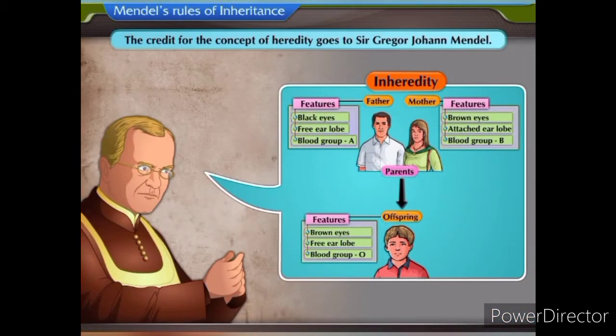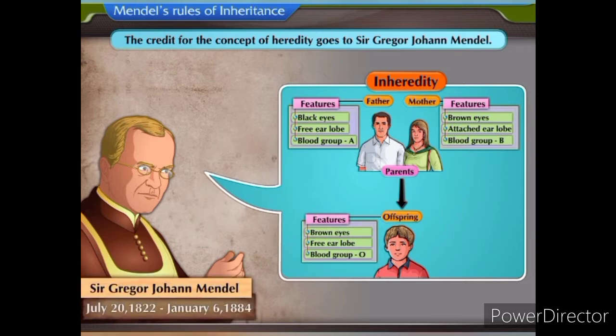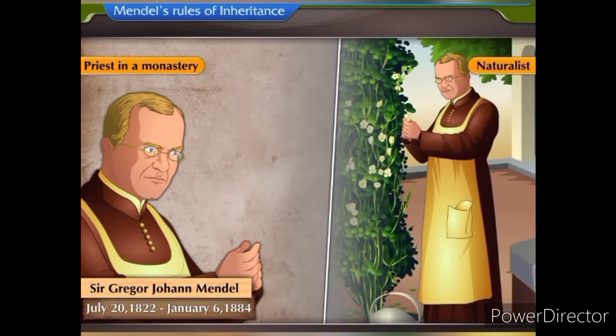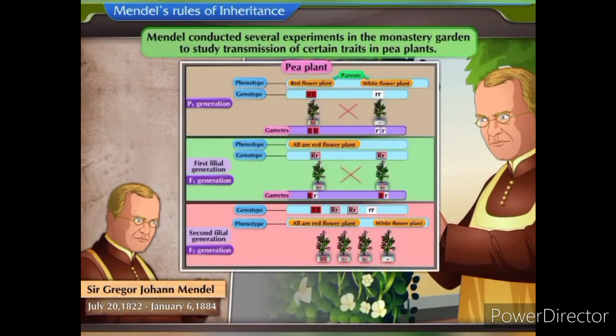The credit for the concept of heredity goes to Sir Gregor Johann Mendel, who was the first person to carry out work on inheritance. Mendel was not only a priest in a monastery but also a naturalist. He conducted several experiments in the monastery garden to study transmission of certain traits in pea plants.